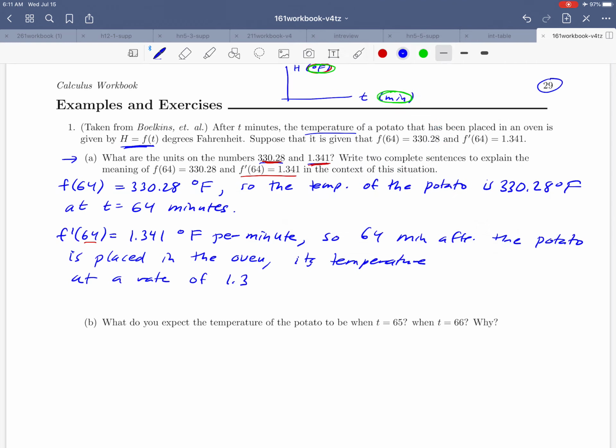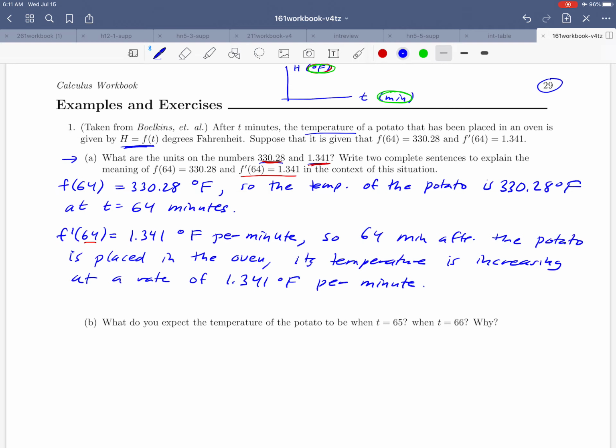I think I'm thinking about an earlier problem here. The temperature is actually increasing because the derivative is positive. Its temperature is increasing at a rate of 1.341 degrees Fahrenheit per minute. Which makes sense because if we're putting the potato in the oven, its temperature should go up. So I think we've answered part A.